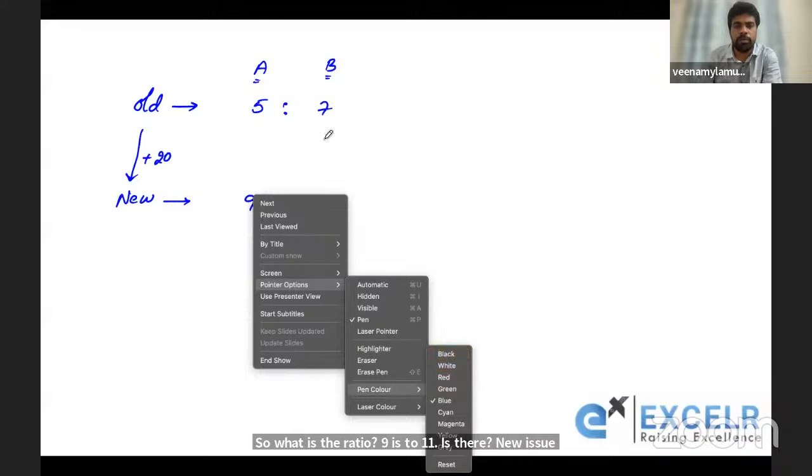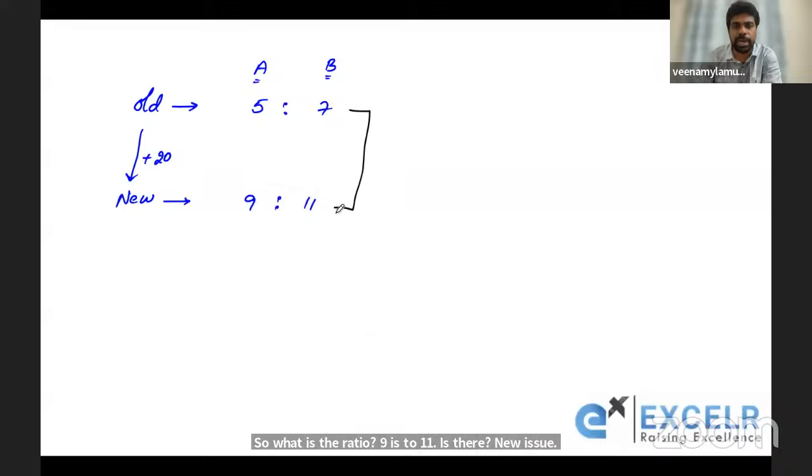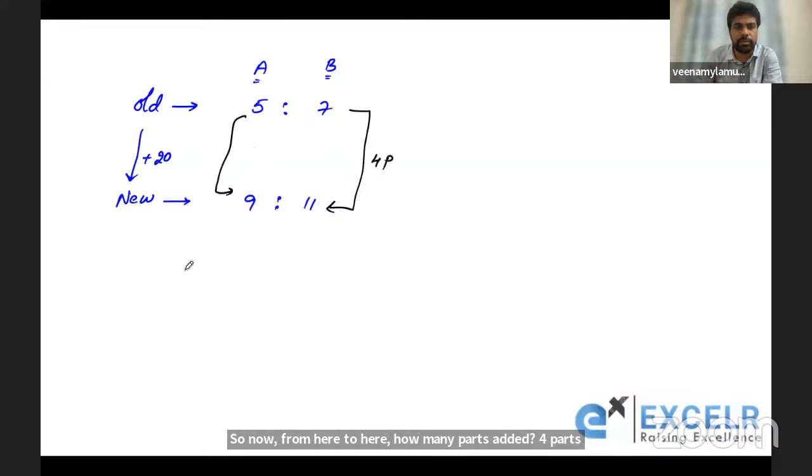Now from here to here, how many parts added? 4 parts. From here to here, how many parts added? 4 parts. See, 4 parts are added because of addition of 20. What is case 1 I told you?